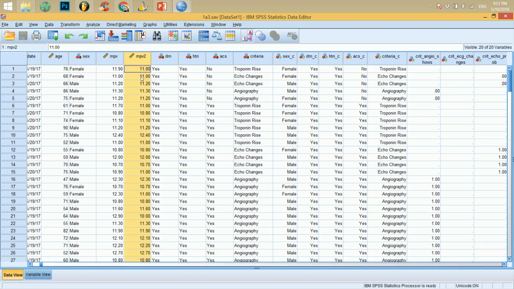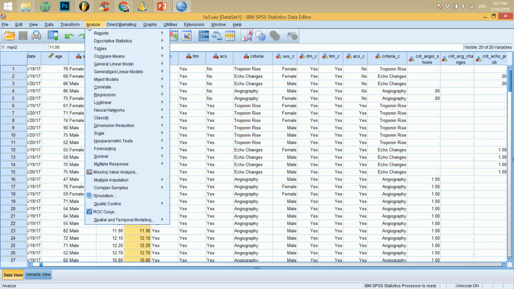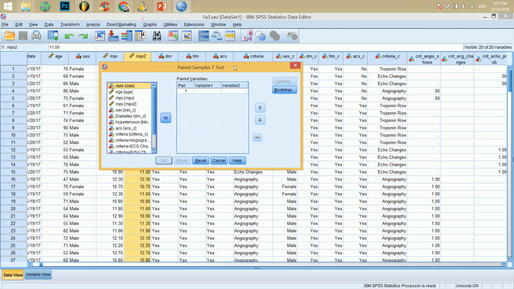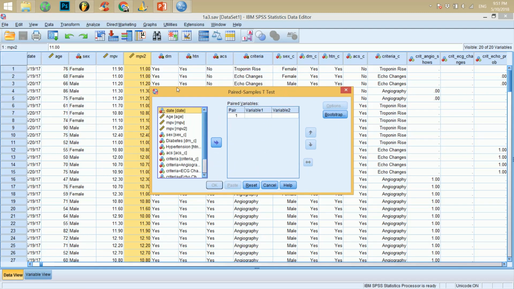So we want to say whether there is a statistically significant difference of MPV 2 hours into their admission into ED. So for that, first you need to go to Compare Means and then choose Paired-Samples T Test. Now again, we are assuming that the two populations have got a normal distribution, or more or less a normal distribution. That's why we are choosing the paired sample t-test instead of the Wilcoxon rank-sum.